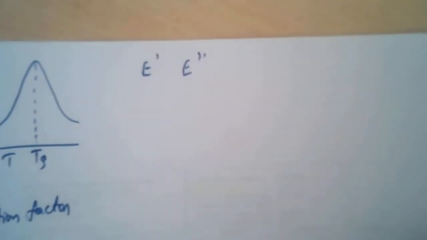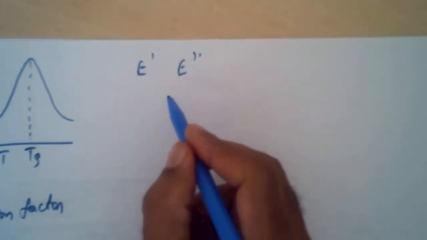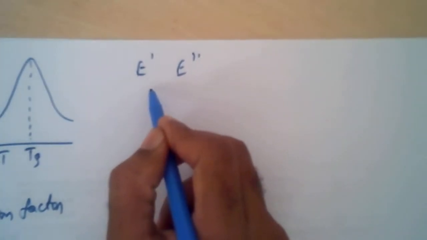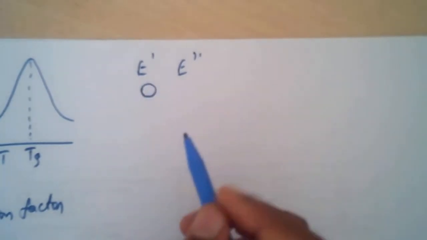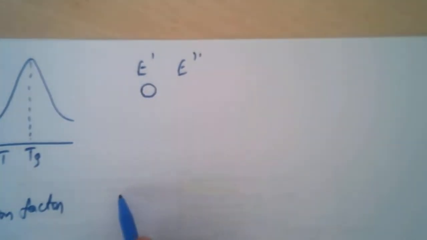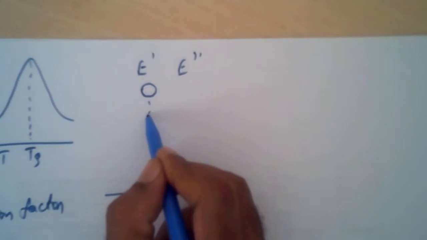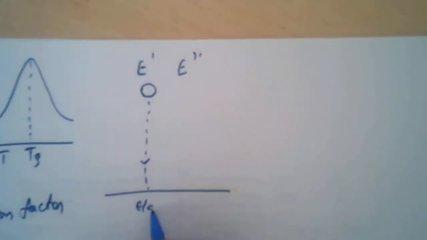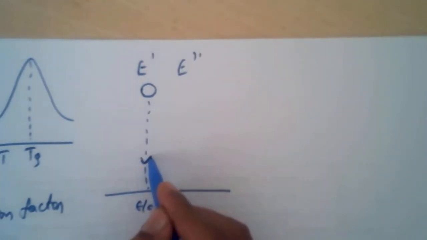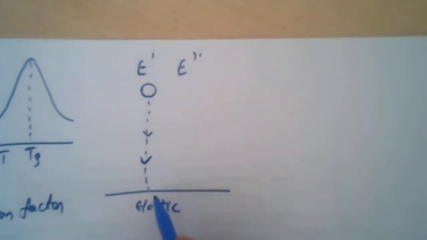Let's say in simple terms, if you have a ball, a viscoelastic polymer ball, which is struck against an elastic surface in this direction, then it will bounce back.